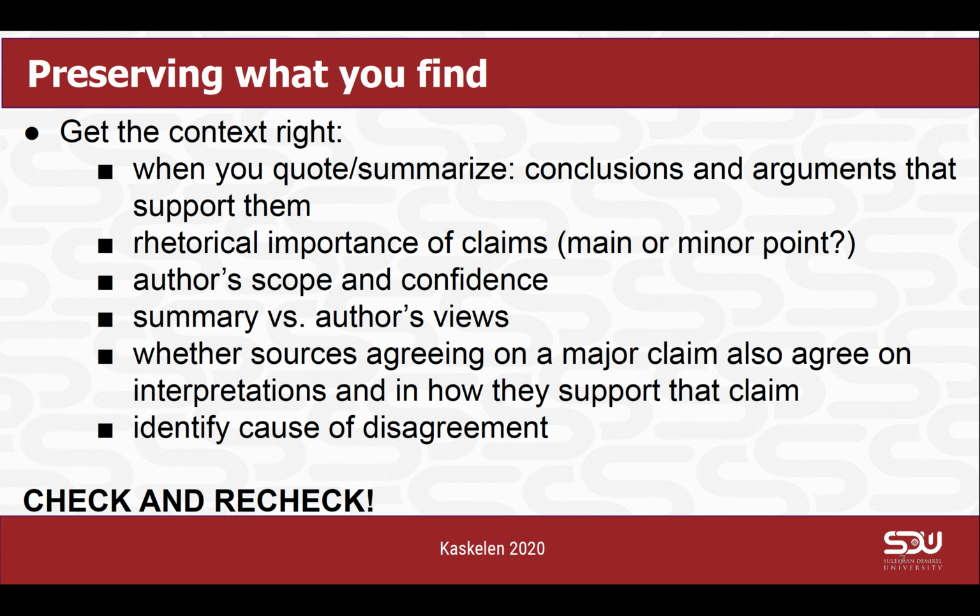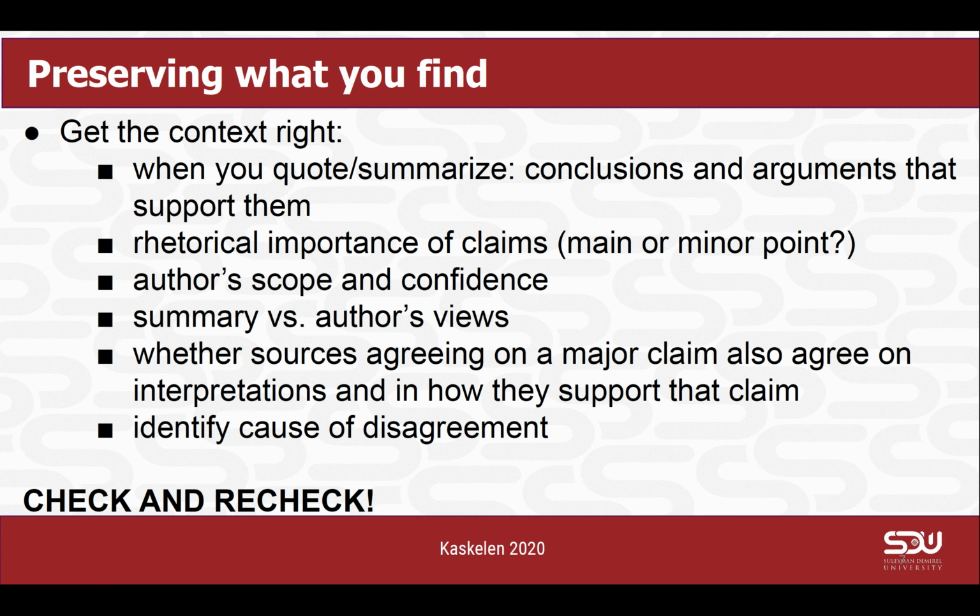Also, be careful. Sometimes beginner researchers confuse summaries that an author makes with the author's actual views, okay? And sometimes those summaries could actually contradict the author's views. So be careful with that. Also, if you find sources agreeing on some major argument, do check whether they also agree on the interpretations and on the kind of evidence or types of support that they use for their claim, right?